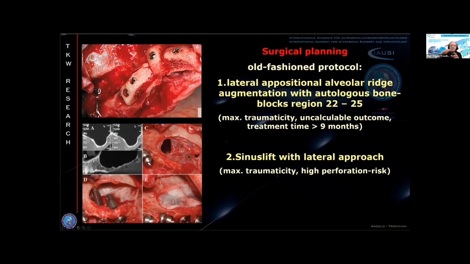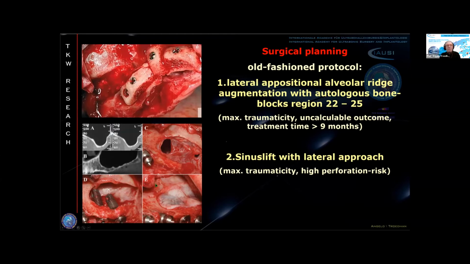Second, we need to augment the alveolar crest in the manner of a sinus lift in the molar area. Of course, the lateral approach also provides maximal traumaticity. You can see here, by simply detaching the periosteum, which is the only carrier of bone regeneration, you have to move it high up. You detach the periosteum from the bone.